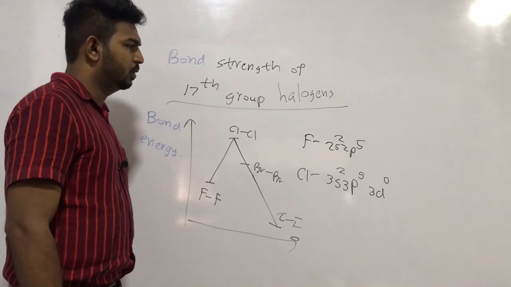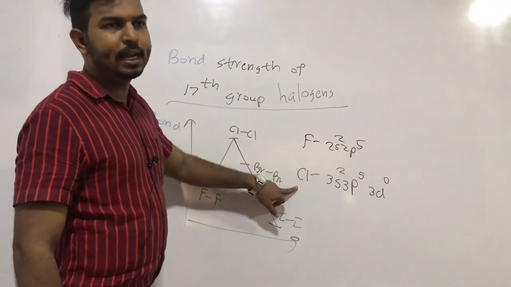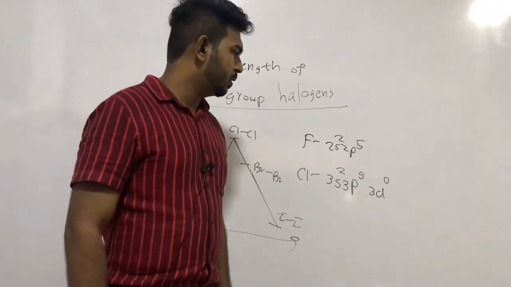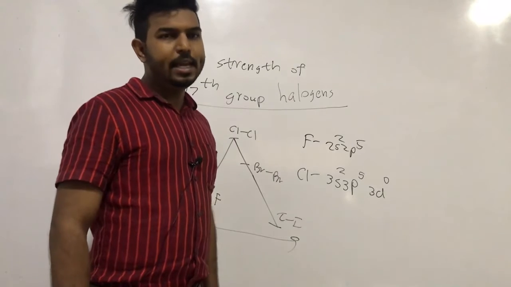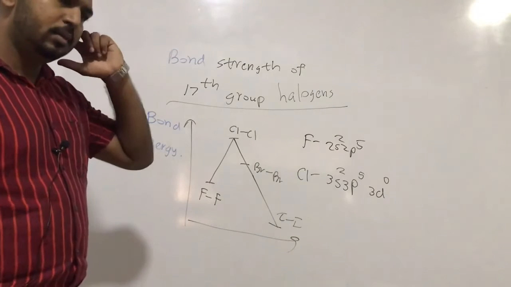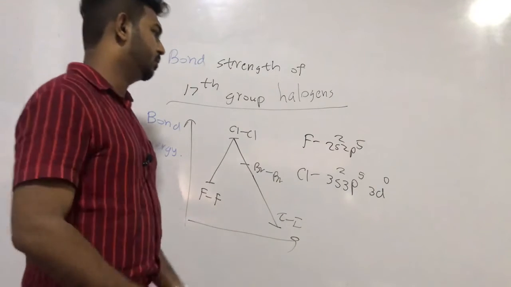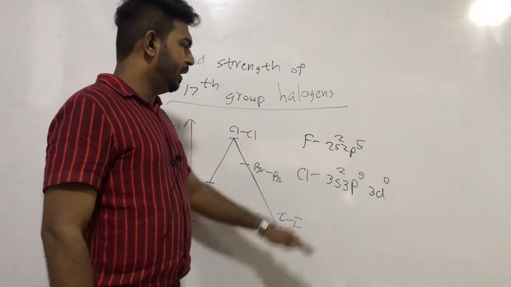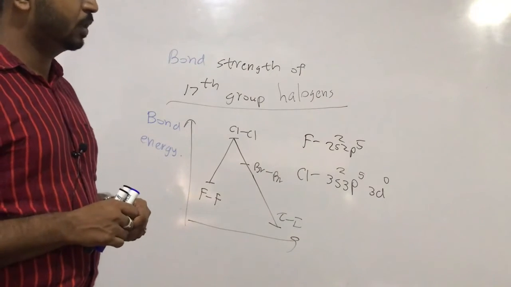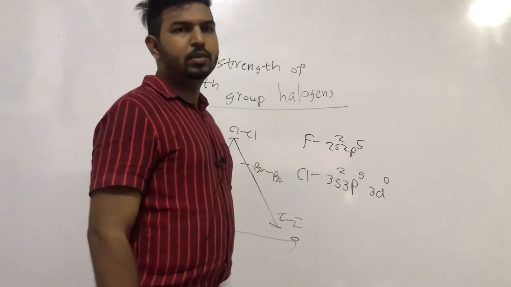Then write below: since chlorine atoms have an empty d orbital, electrons of the chlorine atom can move to the 3d orbital.